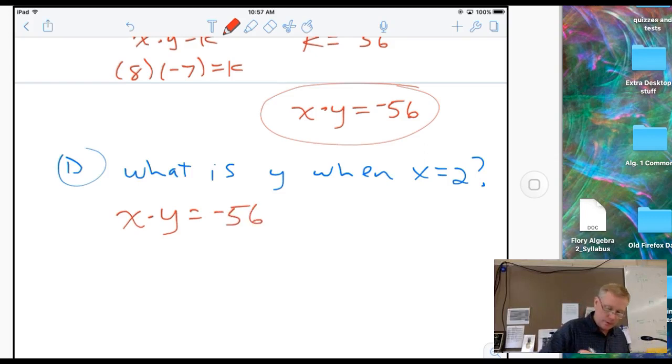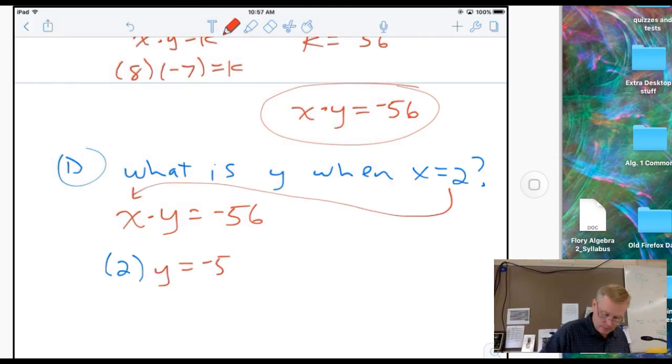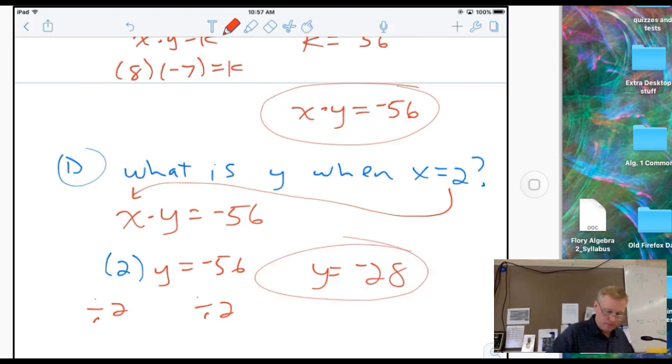And I'll pop in the 2 for the x. Divide by 2 and get my answer, y equals -28.